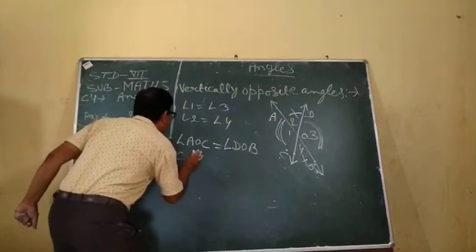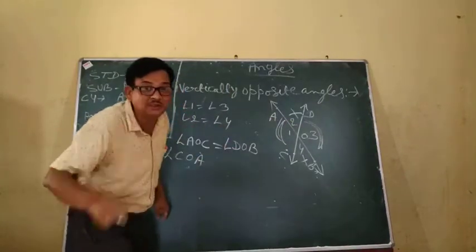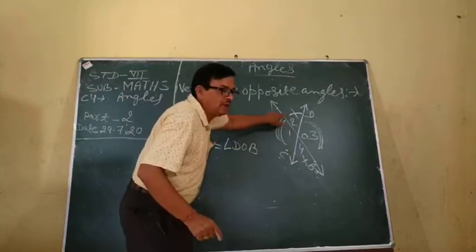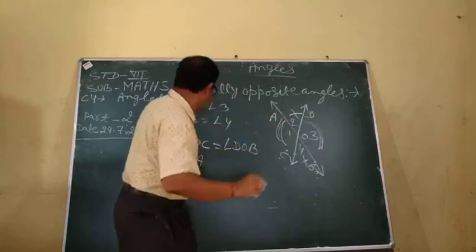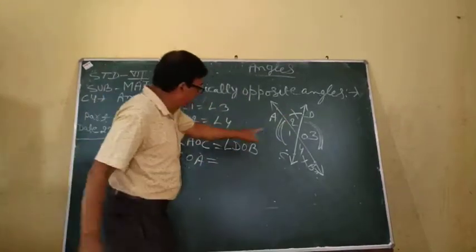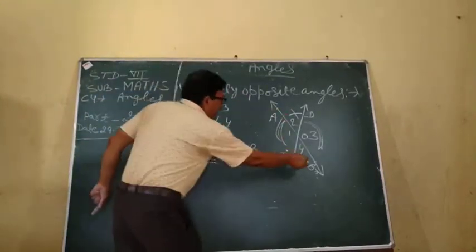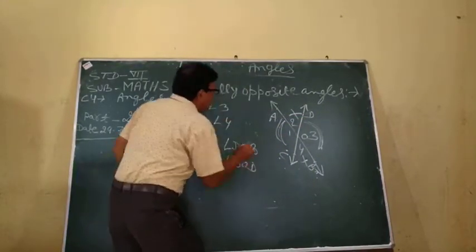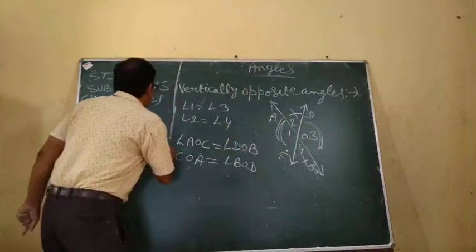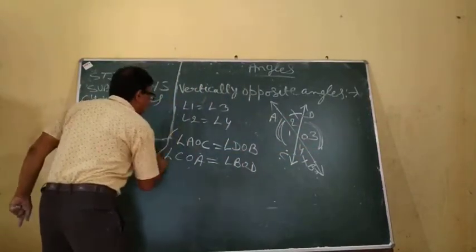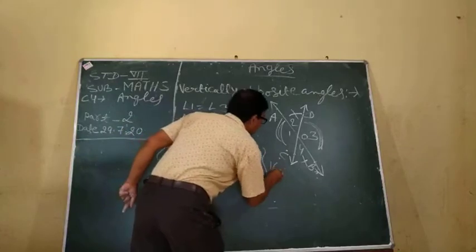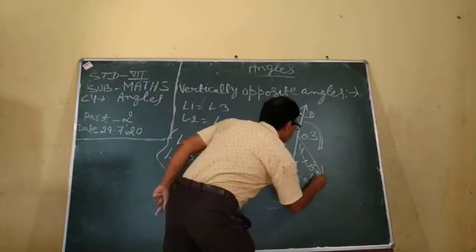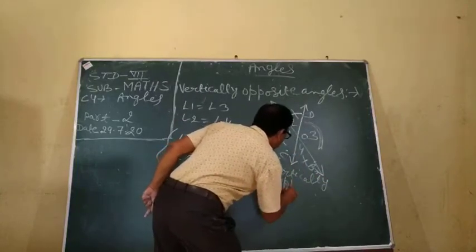Will it become wrong? No. Angle AOC or COA will indicate the same angle. Similarly, angle DOB or BOD will also indicate the same angle, and these are called vertically opposite angles.